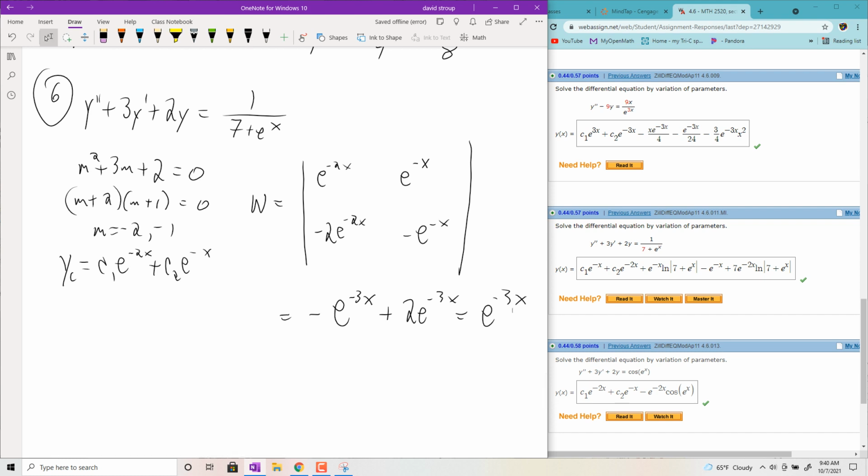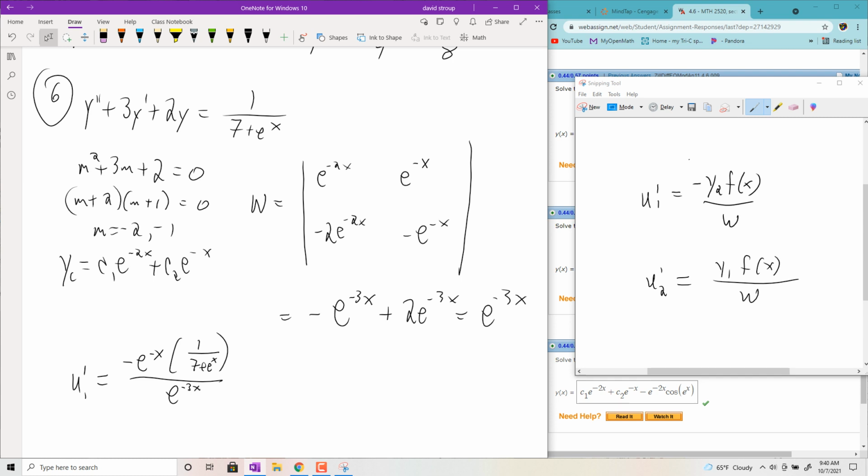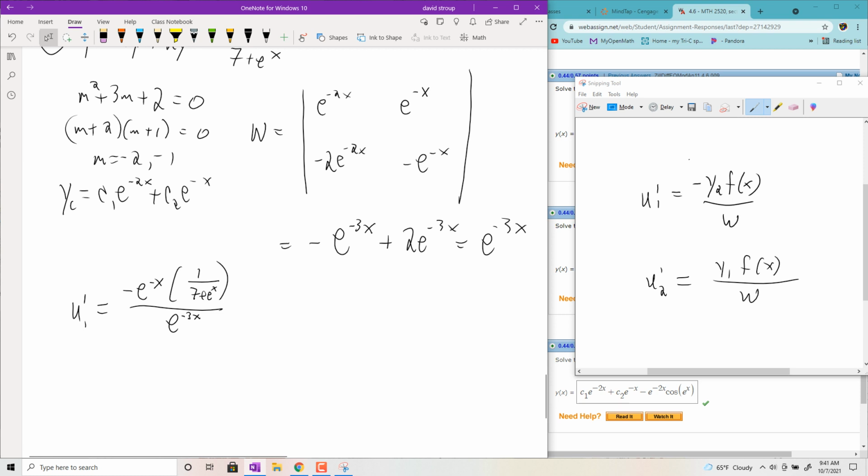what do I need? I need my formulas. Okay, so u1 prime is going to equal negative y2, so negative e to the negative x times f of x, 1 all over 7 plus e to the x, all over the Wronskian, e to the negative 3x. Okay.